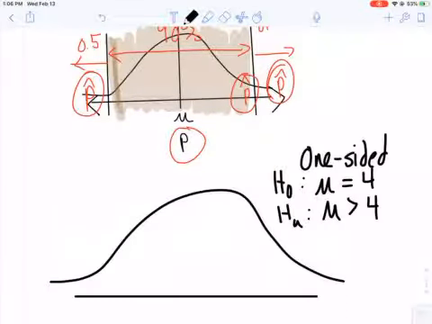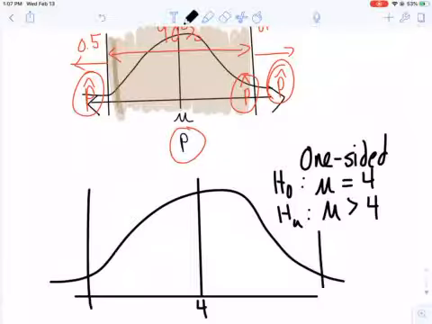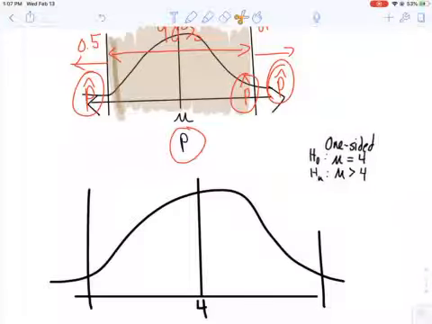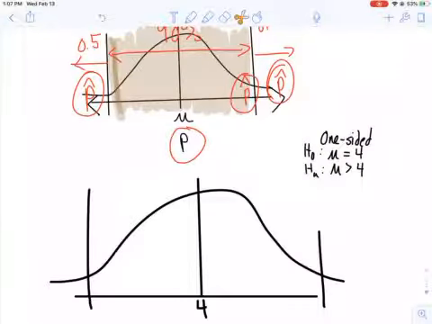So then I would just build a distribution based on 4 being my parameter. Now you notice we have two ends here. Now if it's one-sided, right, that means we are only concerned with one side, the side that's greater. So we are concerned with the 5% that would be greater in this case. So in this case we have 5%.